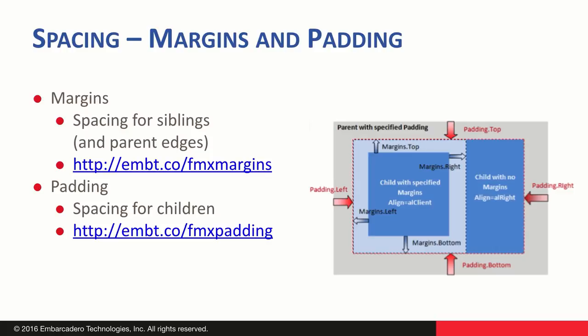Something else that's new in FireMonkey is controls have spacing via margins and padding. So you use margins to set the spacing for siblings, and padding to set the spacing for children. So with padding, when you put a control down and set the control on it, and you set that control to, for example, client alignment, it will align all but for the padding.